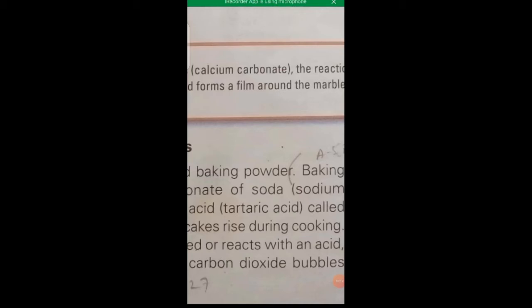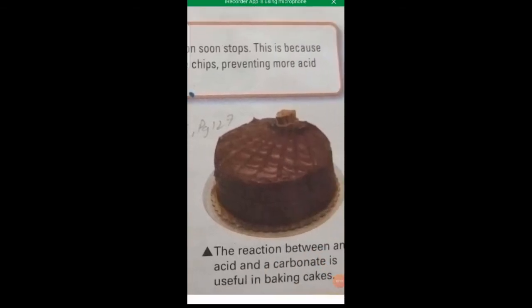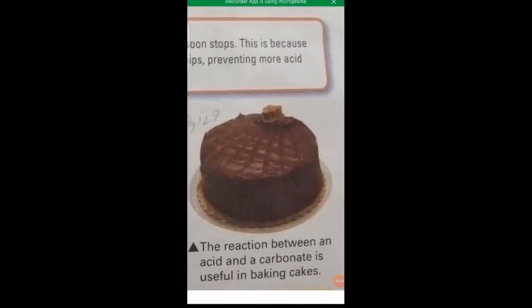Because of the bubbles of this carbon dioxide, the cake will rise. That's why baking soda is used in cakes. The reaction between an acid and a carbonate is useful in baking. Because of this reaction, carbon dioxide is evolved, and it is useful for the rising of the cake.